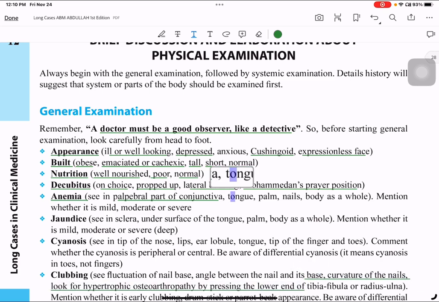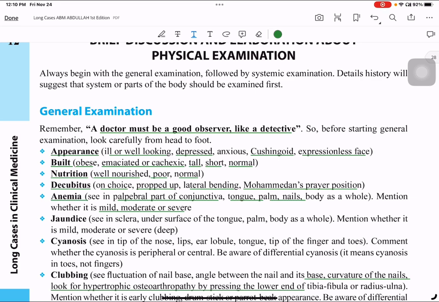Then we can see it in the tongue, palm, and nail bed. We must know whether it is mild, moderate, or severe. A severely anemic patient may have anemic heart failure and needs rapid resuscitation of hemodynamic circulation by intravenous blood.